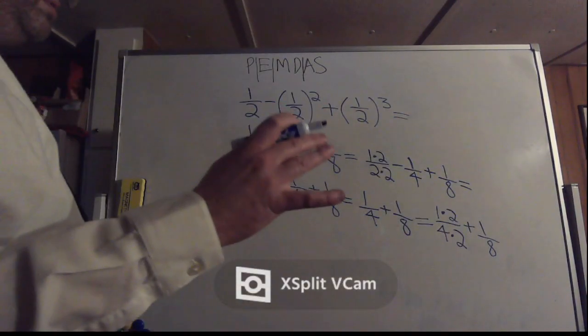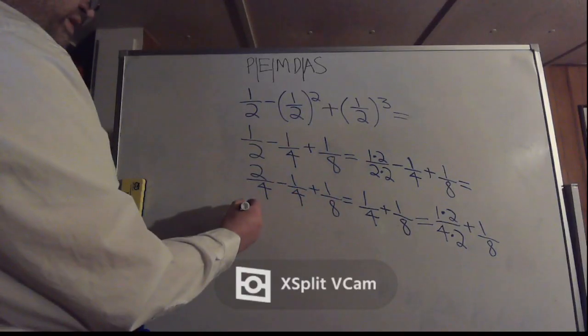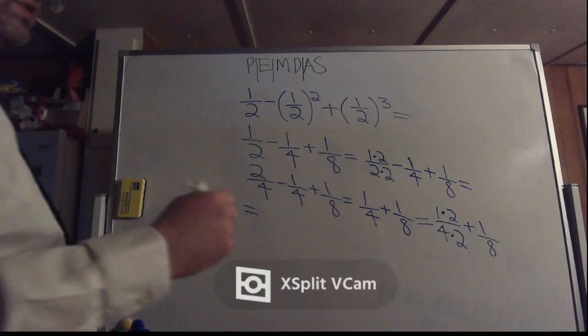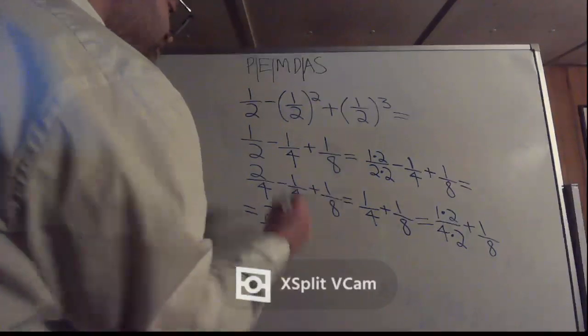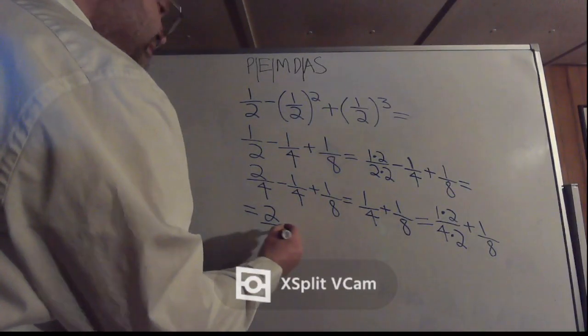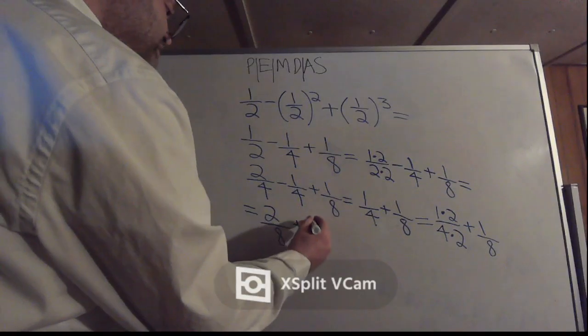So you'll have 4 times 2 is your denominator, which means you'll have to do 1 times 2 in your numerator, plus 1/8. We can leave the 1/8 alone because that's already in the common denominator form. So working through the multiplication on the first term, you'll have 1 times 2, well, that's just going to be 2. 4 times 2, well, that's going to be 8. So now you'll have 2/8 plus 1/8.